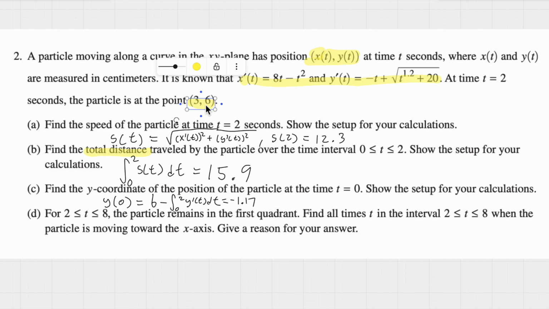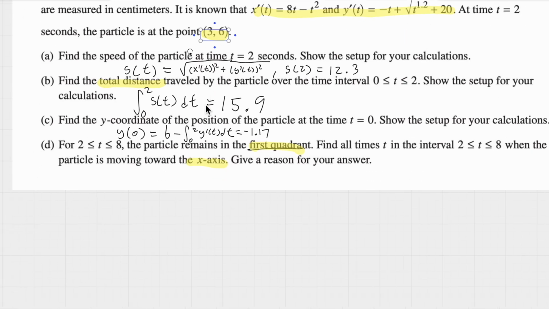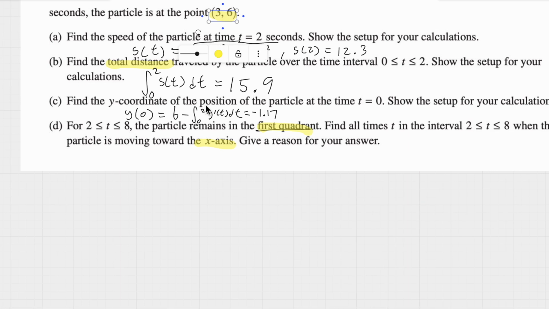Okay. Next. For this, the particle remains in the first quadrant. Find all times when the particle is moving towards the x-axis. So when you see something like this question, it's better to draw. So try drawing a graph or visualize it. This is saying that the particle is over here when it's positive and positive.